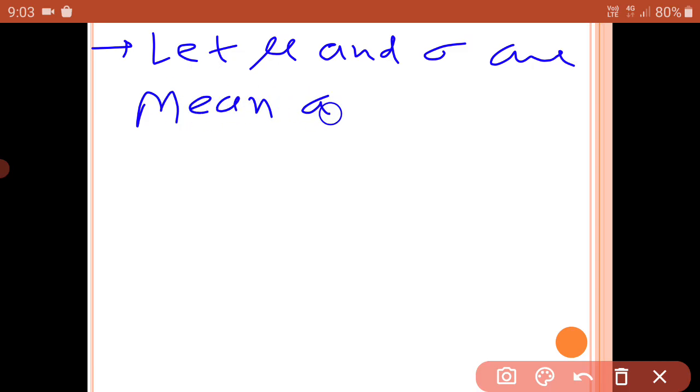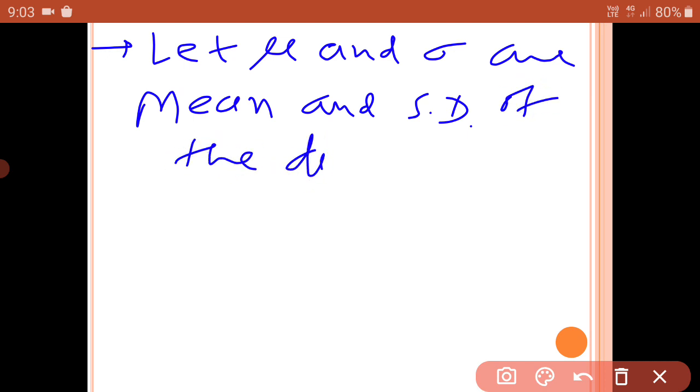Let mu and sigma are mean and standard deviation of the distribution. So first you write this point. Let mu and sigma are mean and standard deviation of the distribution.